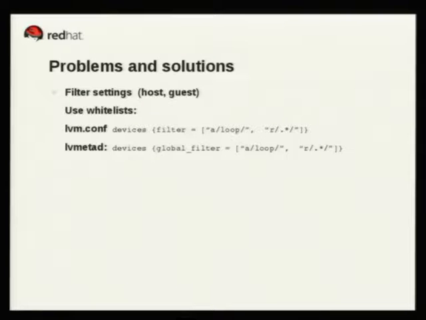If you don't need to scan the whole system and you only know a few devices you want to use, set these as accepted and reject everything else. It will speed up the LVM scan dramatically. I often found cases where users have thousands of drives, because by default you normally see every created LV as a new possible PV. So we scan everything, and if you create 1,000 LVs, then every command has to check these devices.